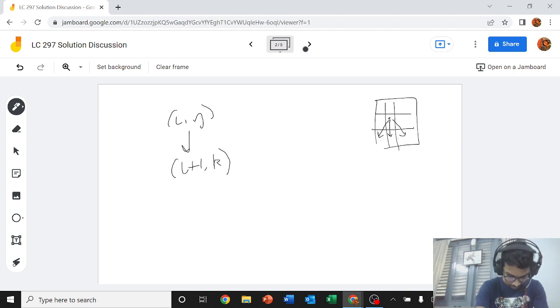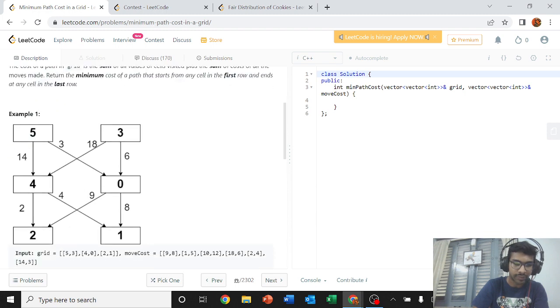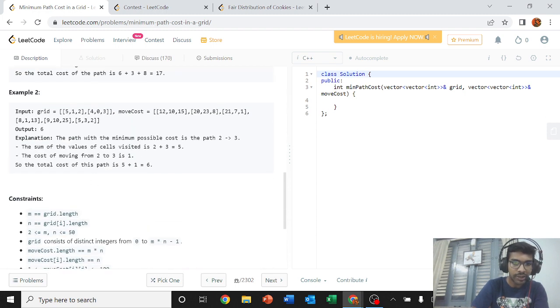The cost associated with this is that when we're at a particular cell aij, then that particular value has to be considered. Plus, we have a moving cost, and for this moving cost, we have a separate matrix. This matrix maintains a mapping of all the distinct values.